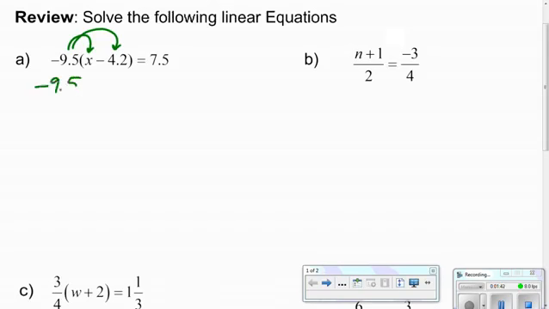So negative 9.5x plus 39.9 equals 7.5. So we're going to minus 39.9 from both sides.